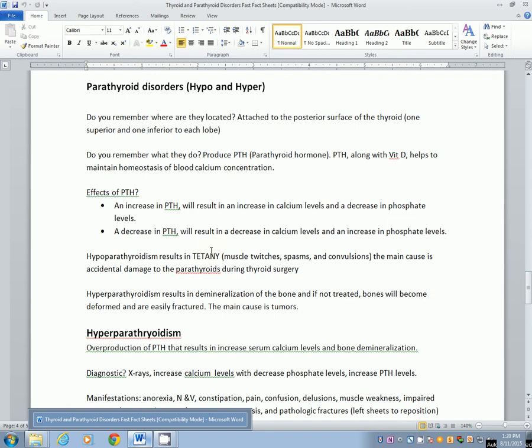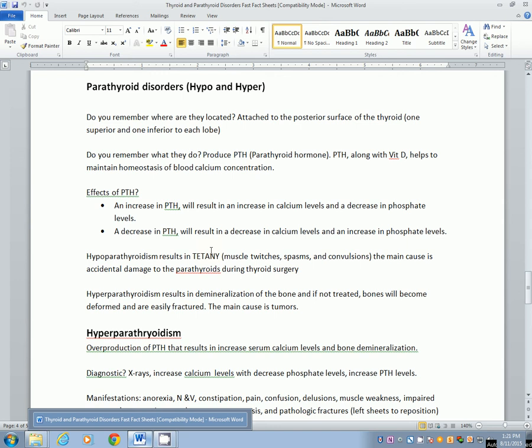An increase in PTH will result in an increase in calcium and a decrease in phosphate. There's an inverse relationship between calcium and phosphate. One goes up, one goes down. A decrease in PTH results in a decrease in calcium levels and an increase in phosphate levels. So you need to remember those.